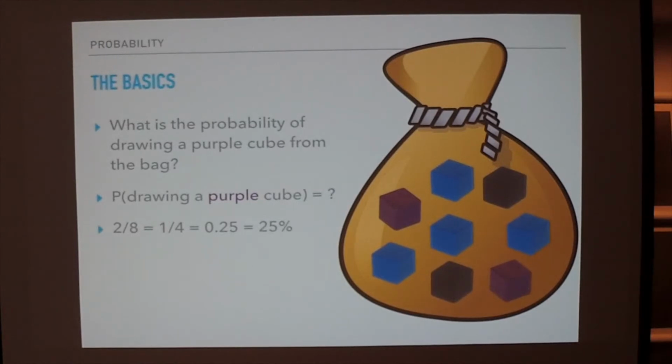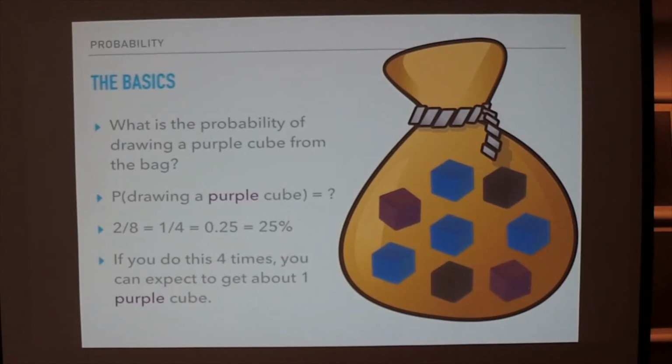Again, that's remedial. I'm guessing most of you learned that in grade school, but it's useful to just show it here in case you hadn't. So if you do this experiment, this test, 4 times, you can expect to get 1 purple cube. Assuming you're replacing the... Yes. Yep. We'll get to that.